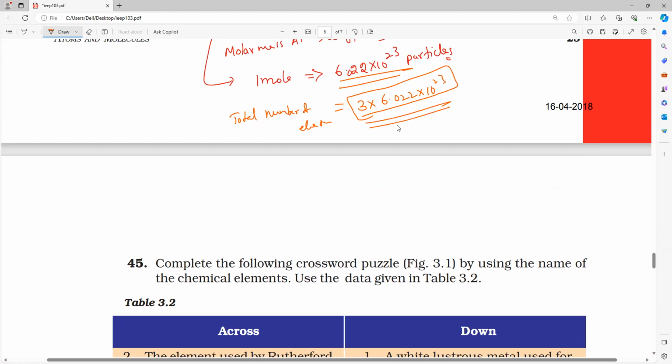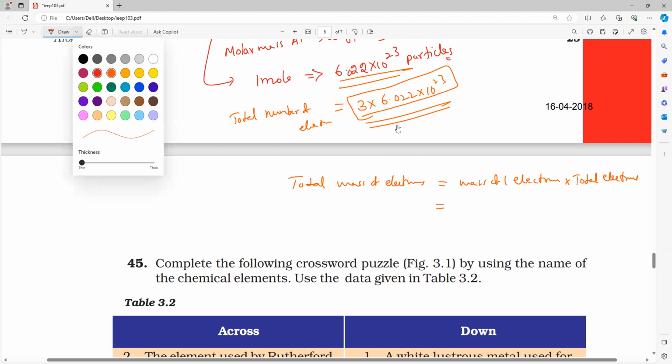How to find it? Total mass of electrons is equal to mass of one electron into total electrons. Is it right or wrong, everybody?